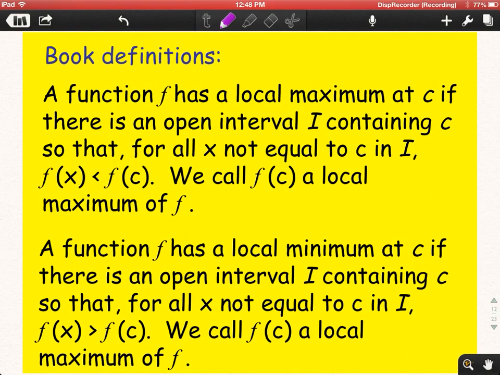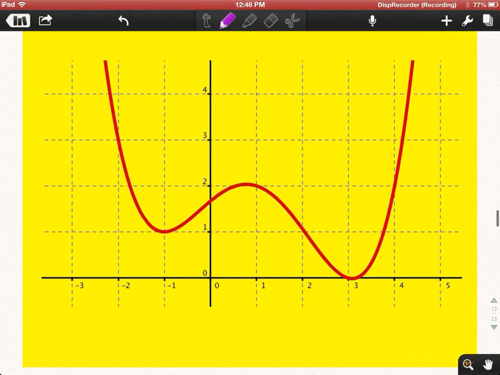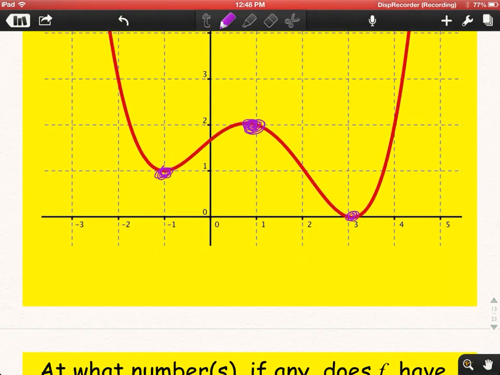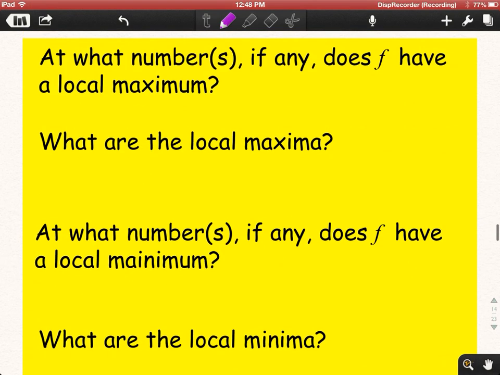Here we have the book definition that we don't need to worry too much about. We can see these simply from pictures, and we can talk more about algebraic increasing and decreasing as we go along. So even though this isn't a perfect graph, we're going to say that this is right on the integer values. Let's say that's on 3, let's say that's on 1, and we'll say that's on negative 1. Just to make things nice, I try to make the best picture that I could.